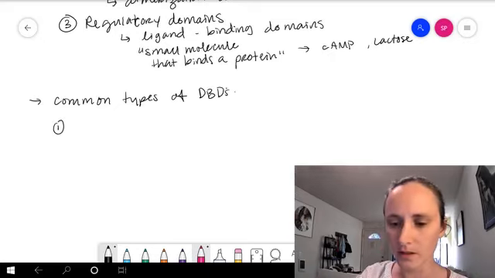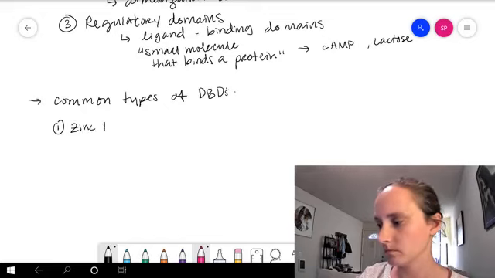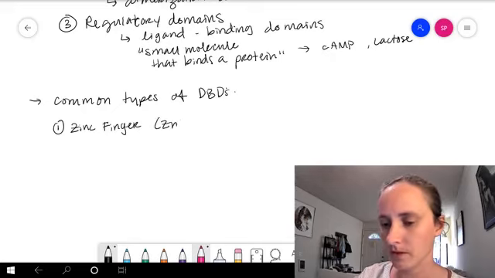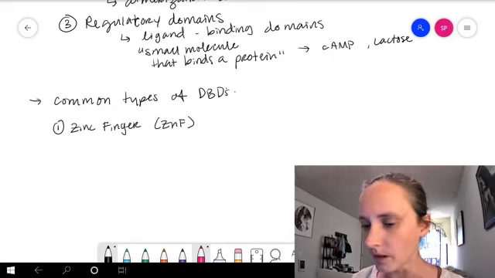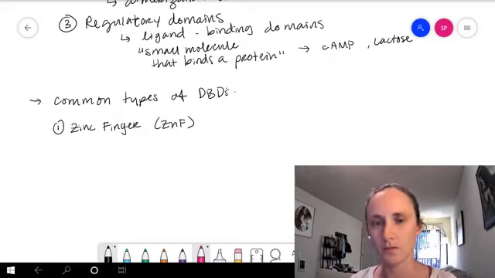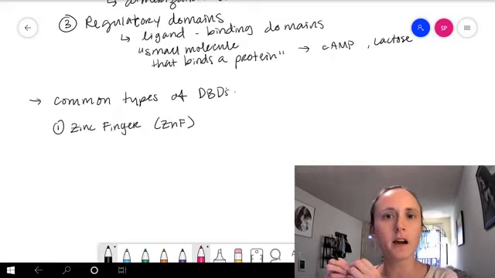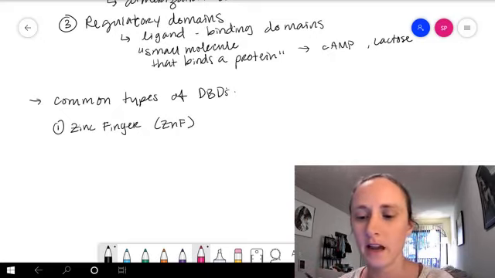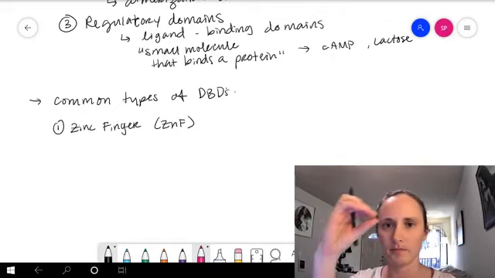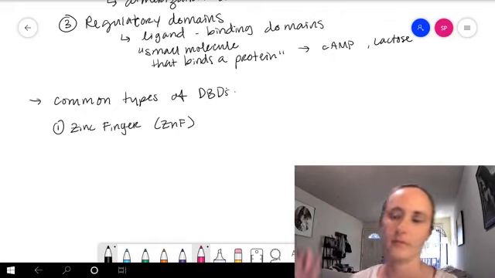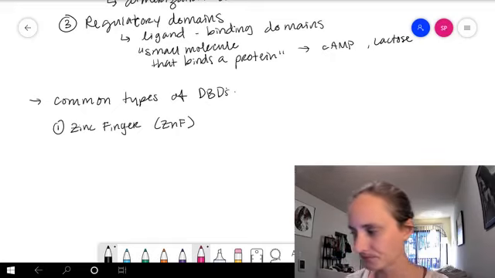The first is called a zinc finger. It can be abbreviated ZNF. This is a small protein domain that coordinates with a zinc ion to help with its DNA binding, and it looks a little bit like a finger and thumb pinching. So that's why it's called zinc finger.